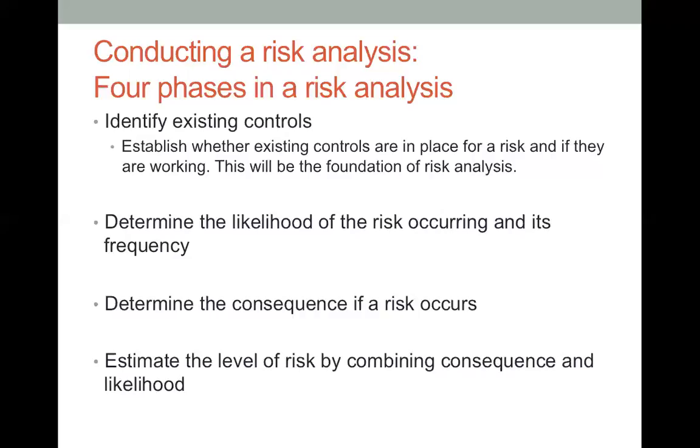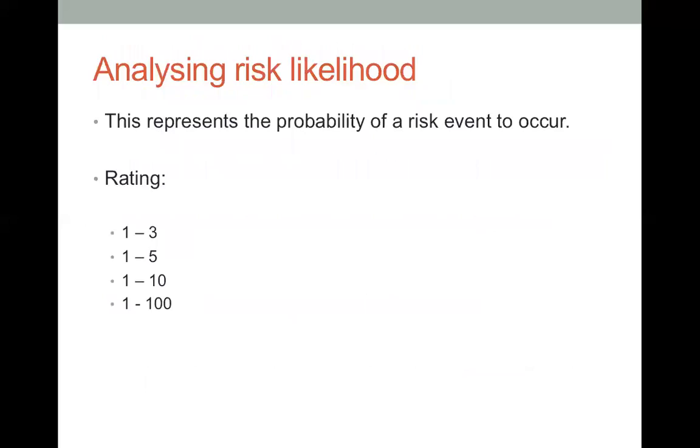Okay, so risk measurement has 2 dimensions: likelihood and consequence or impact. Okay, and the last step is to estimate the level of risk by combining consequence and likelihood. Okay, all right. Now let's look at the risk likelihood.